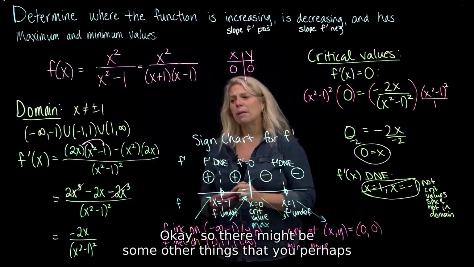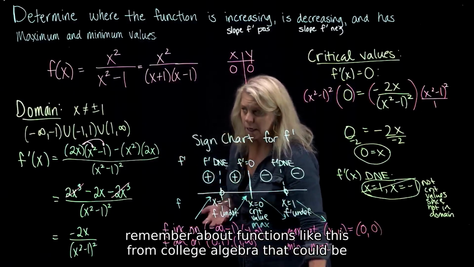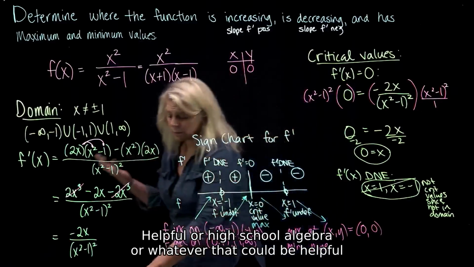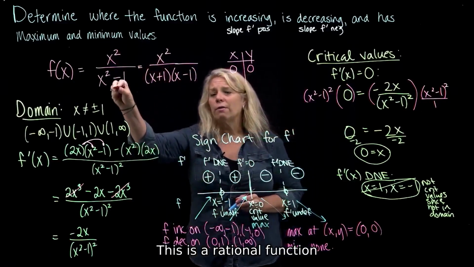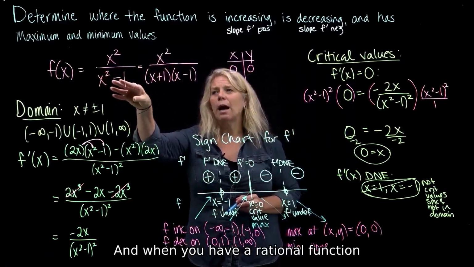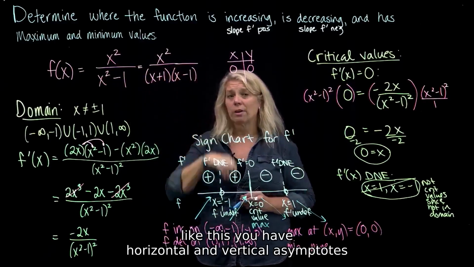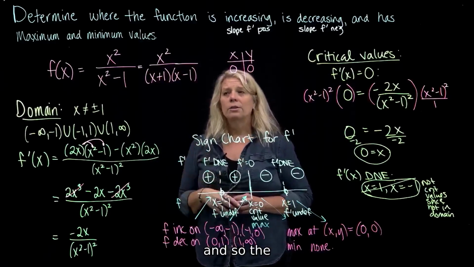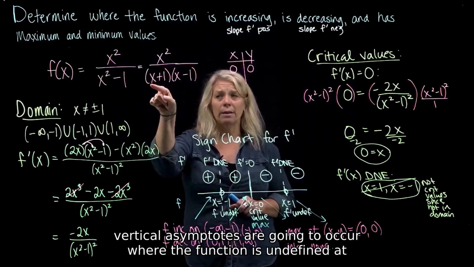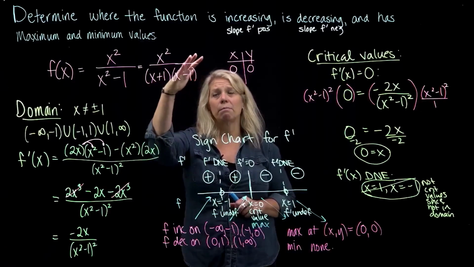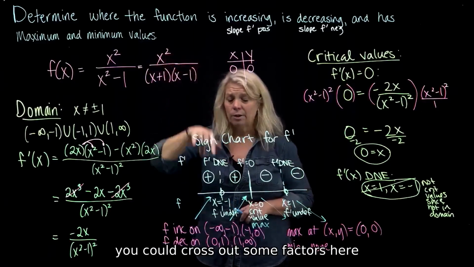Okay, so there might be some other things that you perhaps remember about functions like this from college algebra or high school algebra that could be helpful. This is a rational function, and when you have a rational function like this, you have horizontal and vertical asymptotes. The vertical asymptotes are going to occur where the function is undefined at values that are not removable discontinuities, where you could cross out some factors here.